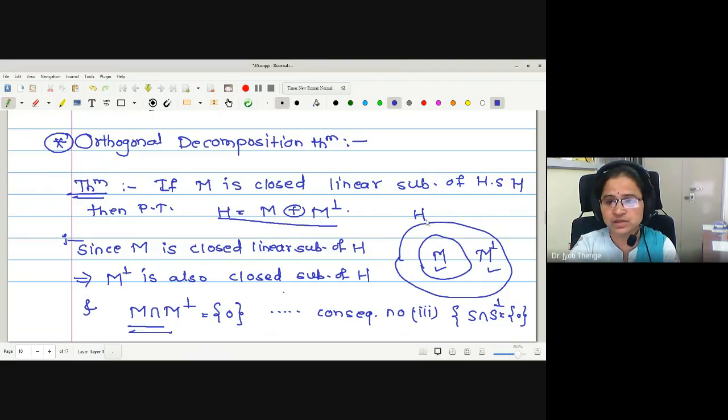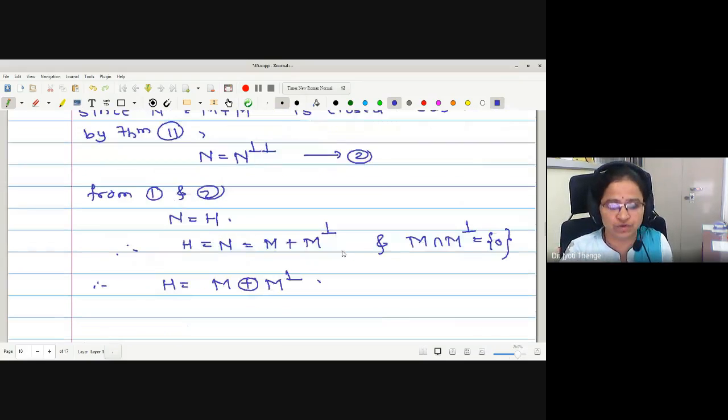In this way, H is being divided into two parts, M and M perp. We are writing it as a direct sum. The meaning of direct sum is that the intersection of both the sets M and M perp will be singleton 0, right? This is the orthogonal decomposition theorem, which is actually the factorization of the given Hilbert space.